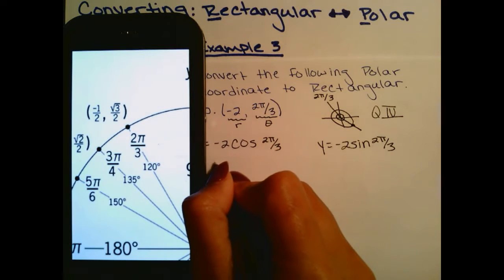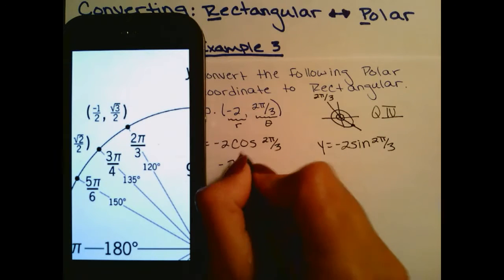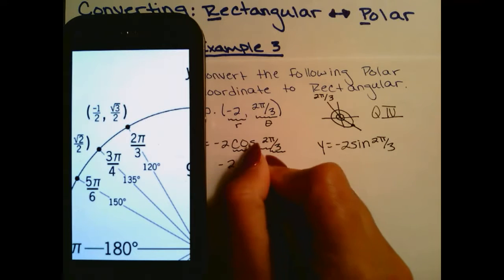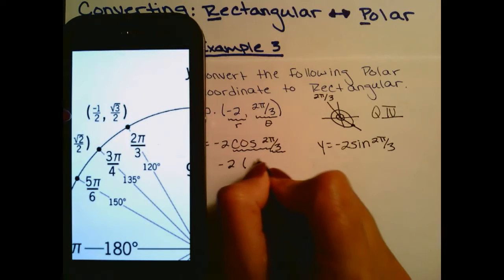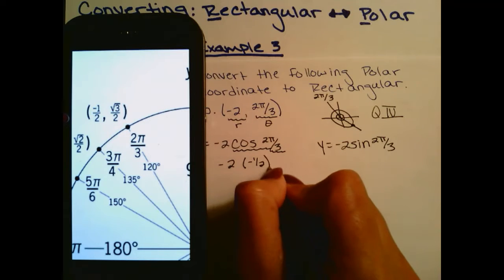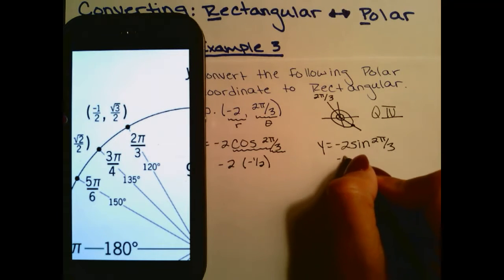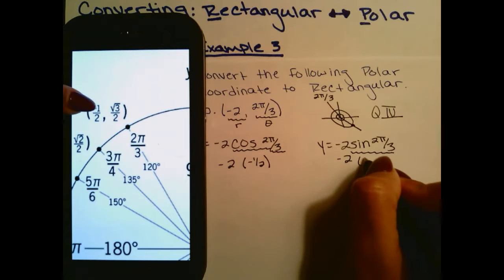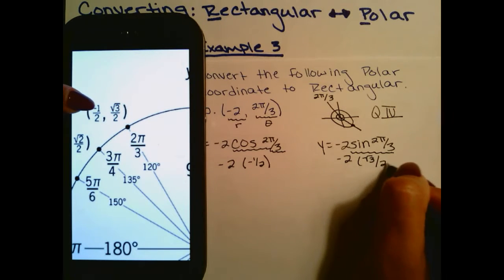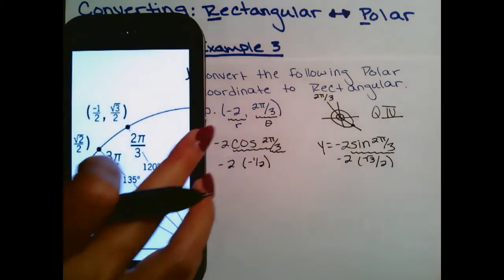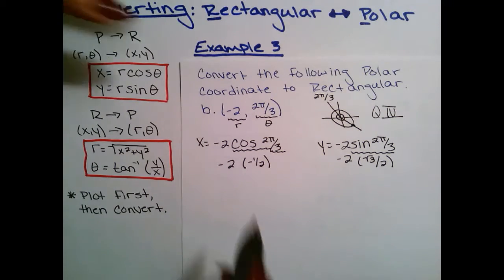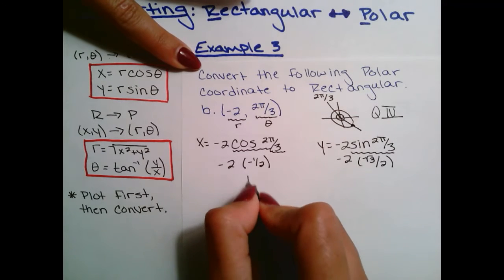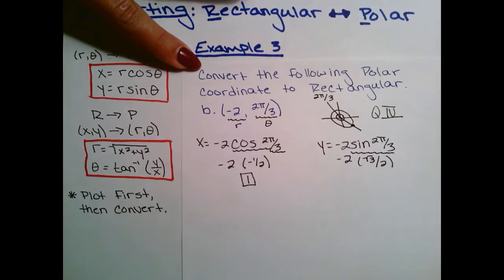So this can become negative 2 times the cosine of 2 pi over 3, so it's negative 1/2. And now this one is negative 2 times the sine of 2 pi over 3, which is radical 3 over 2. Okay? So now negative times negative is going to give me a positive, and half of 2 is just 1.